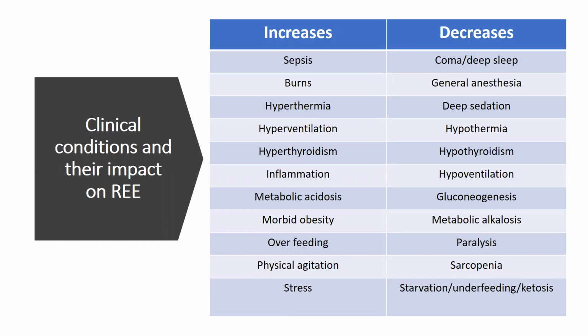These are all increasing your resting energy expenditure. On the other hand, deep sleep, coma, general anesthesia, sedation, hypothermia, hypothyroidism, metabolic alkalosis, paralysis, starvation. These are all conditions that will decrease your energy expenditure.